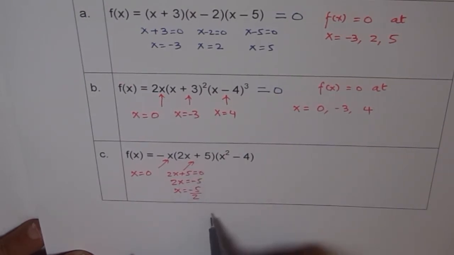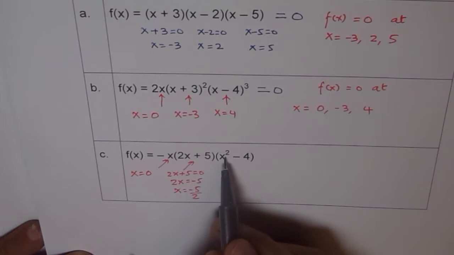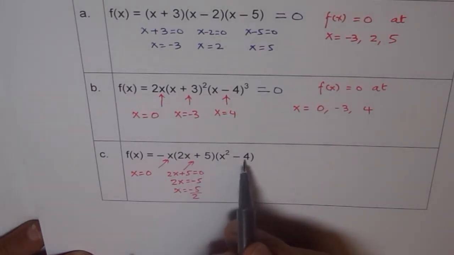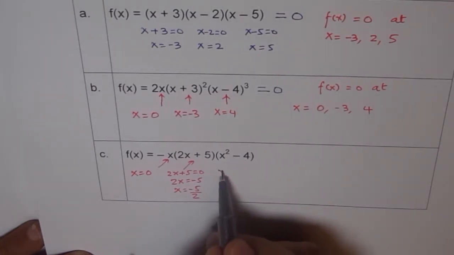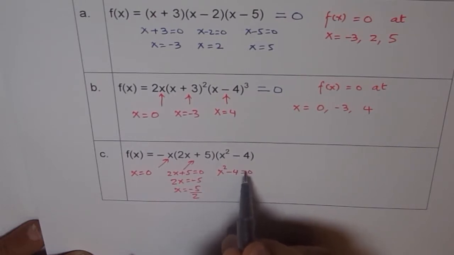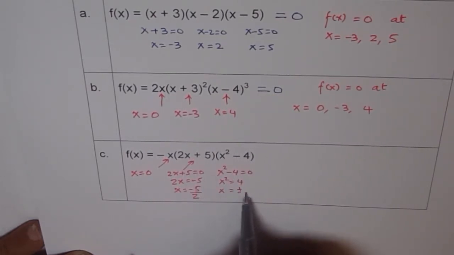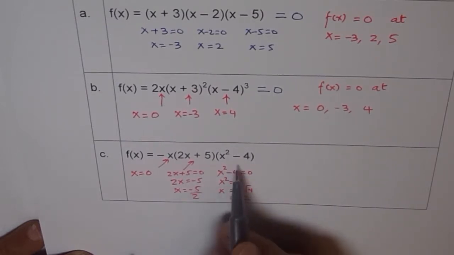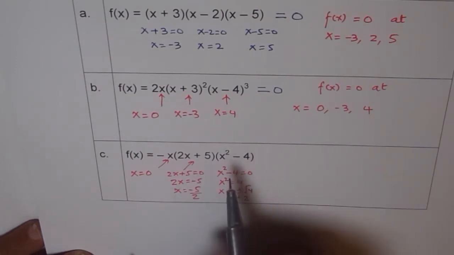How about this? Now here you could factor it further. It is a difference of squares. Or you'd say x squared minus 4 equals 0, or x squared equals 4. So x equals plus or minus the square root of 4, which is plus or minus 2. So we get two zeros for this. You should expect that. Or you could have factored this, right?